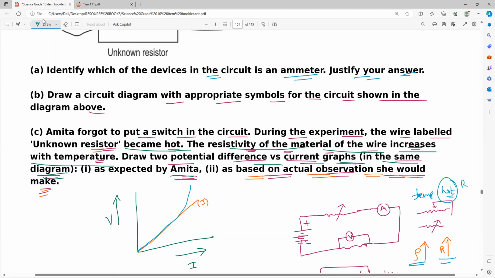Hot means definitely resistance rises. So the graph will not be linear, it will be a curved graph. Up to a certain point it will be a straight line, after that it keeps on increasing. That is the actual observation, whereas she expected a linear graph. But because of increasing temperature, the graph will be curved. That is what you have to remember.